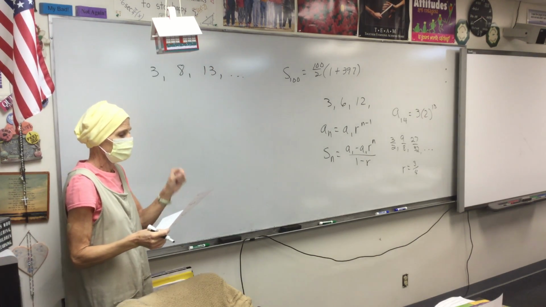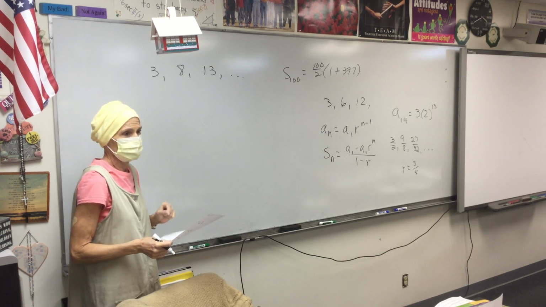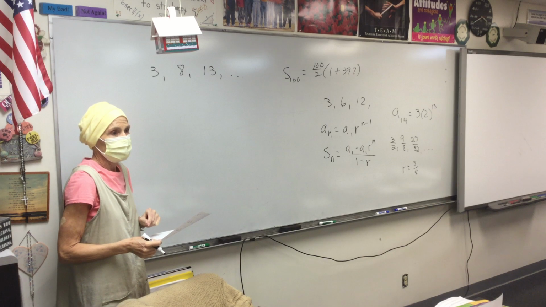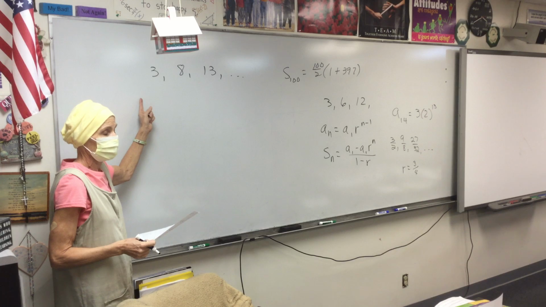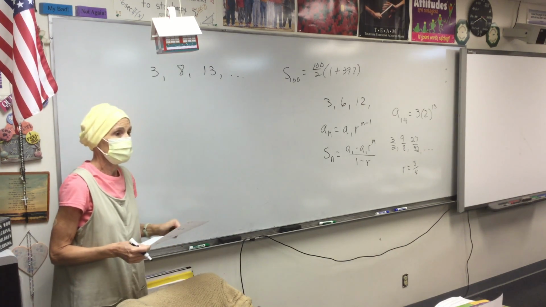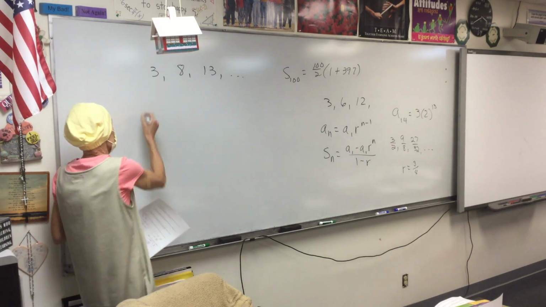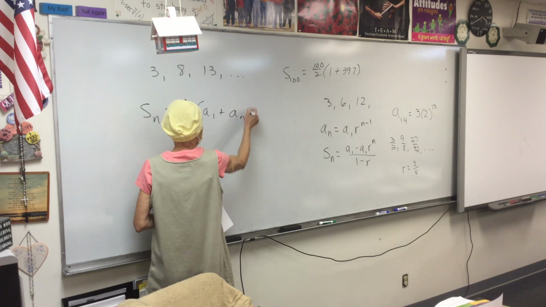How many kills did she have all together in her first 10 games? All right, arithmetic or geometric? Arithmetic. Am I looking for a number in the list, or do I want to add all those up? Add them all up. So the formula for an arithmetic sum is this.